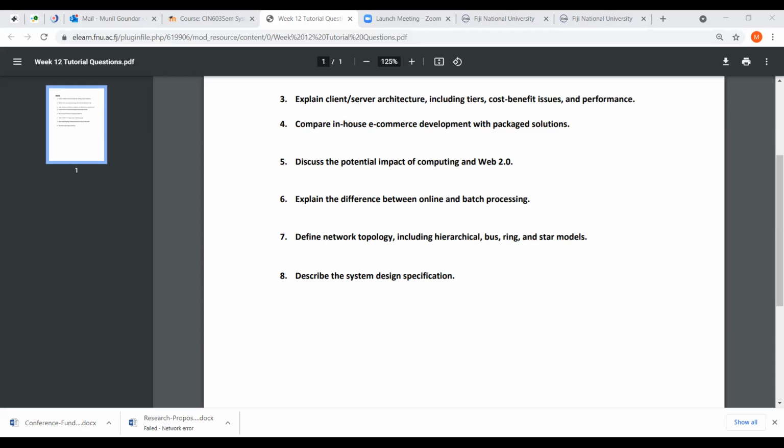First of all, network topology is the arrangement of the elements of a communication network.